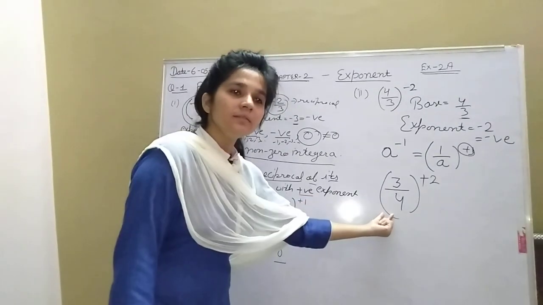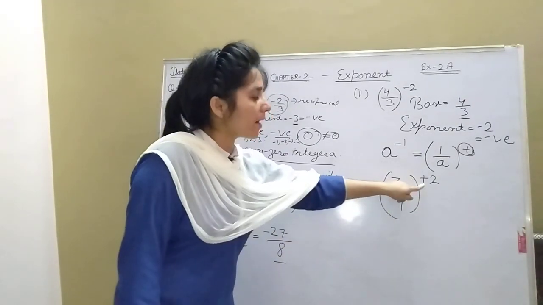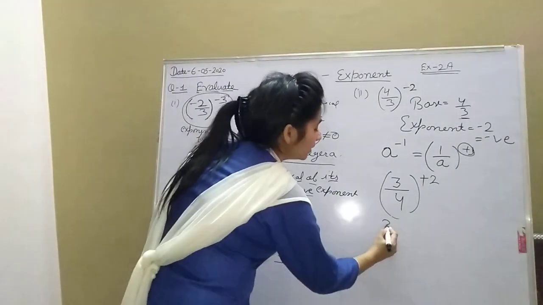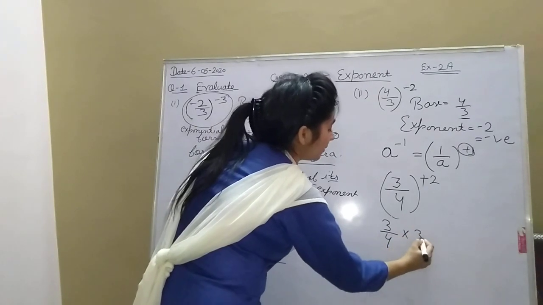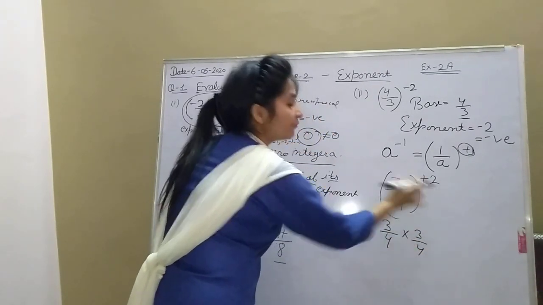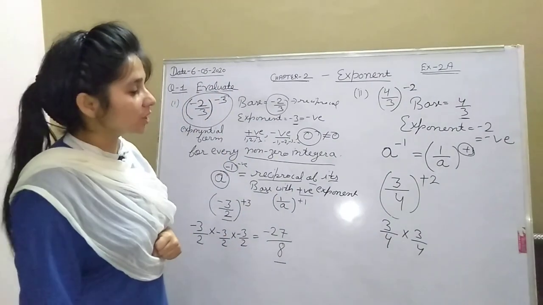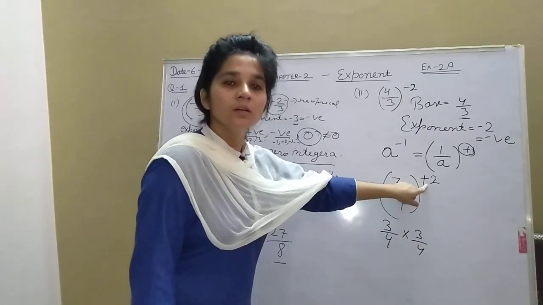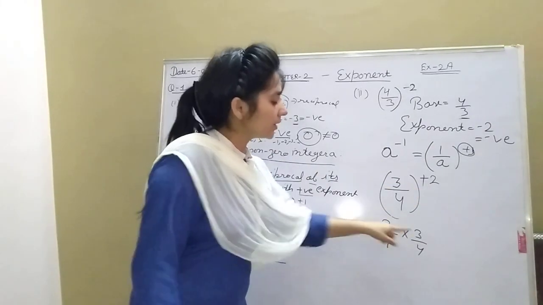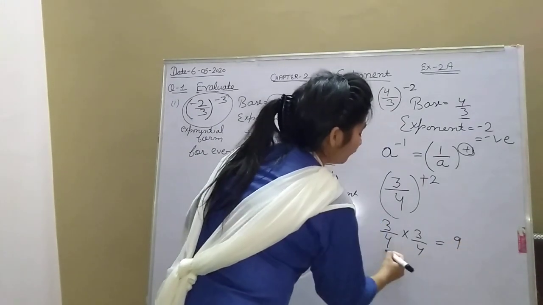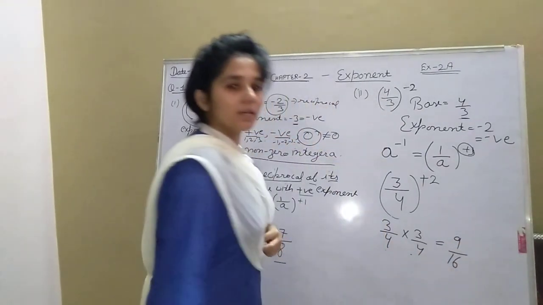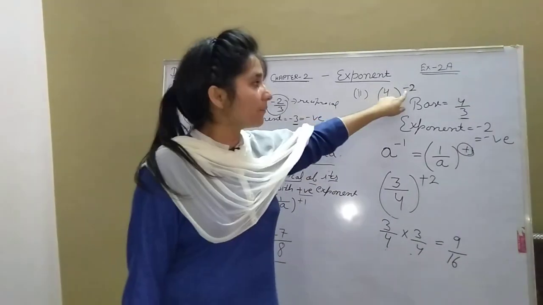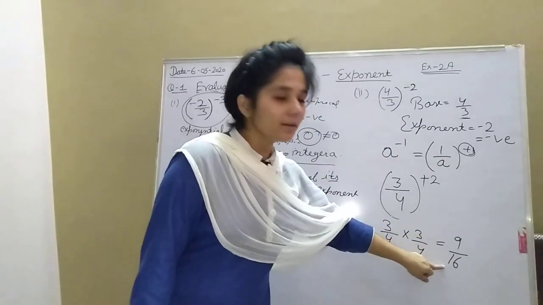Now we have 3 by 4 raised to power 2. We can write 3 by 4 multiply 3 by 4, the expanded form. 3 3s are 9 and 4 4s are 16. The solution of the given exponential form 4 by 3 raised to power minus 2 is 9 by 16.